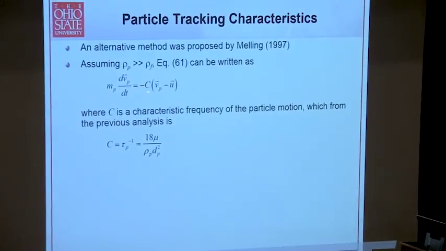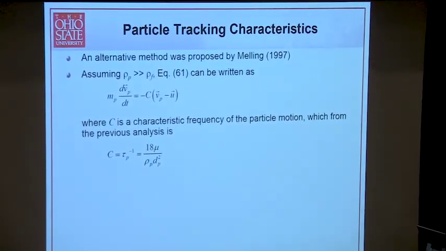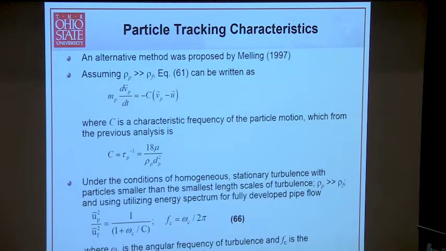Okay? All I've done is substituted out some things, and C is the characteristic frequency. All it is is 1 over the particle time scale. But what he actually did, and I encourage you to go look at the paper, it's in Measurement Science and Technology, is that under the conditions of homogeneous stationary turbulence and using measured energy spectrum for fully developed pipe flow, you can actually end up with this expression.